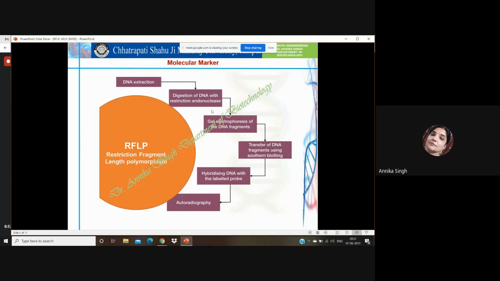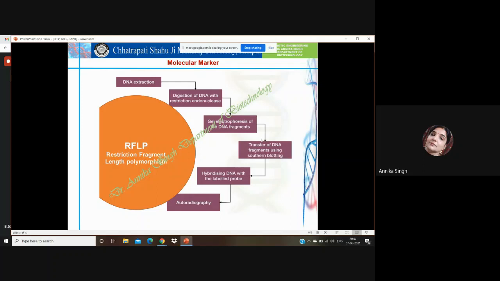So after gel electrophoresis, these DNA fragments are transferred from the gel onto a membrane, and Southern blotting is applied. As you know, transferring the DNA bands from the gel onto the membrane is known as blotting.